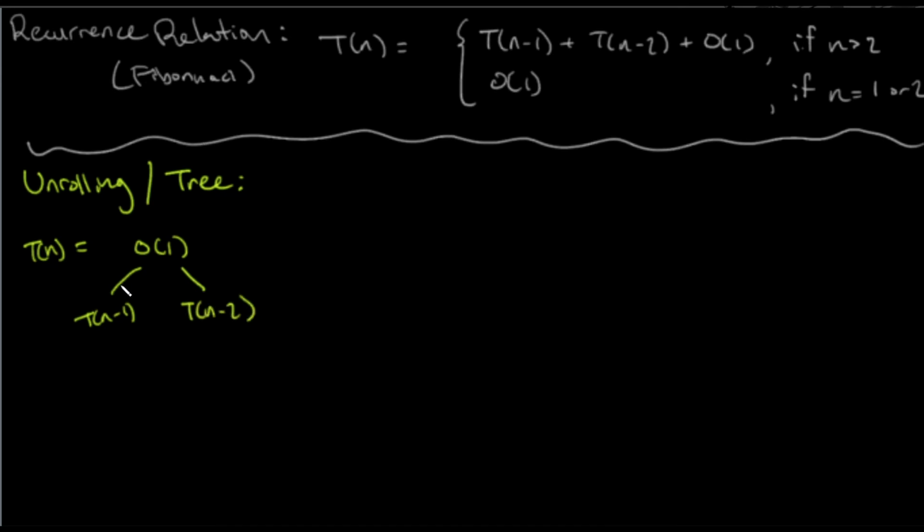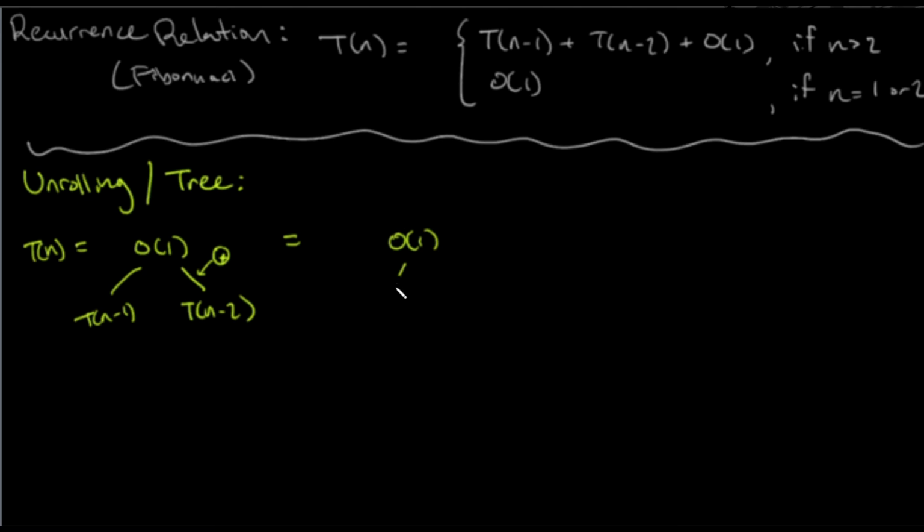So these branches represent a plus sign. We're still adding here. We're still applying this definition. These branches are going to just represent an addition sign. And we're going to still apply our recurrence relation, but now we're going to apply it in two places. We're going to apply it here and we're going to apply it here.